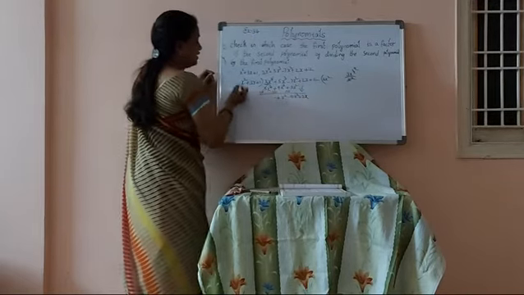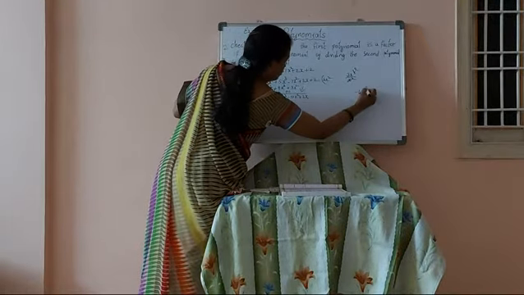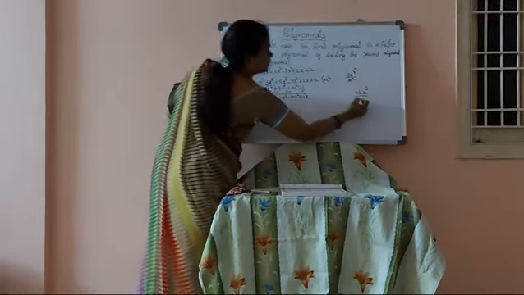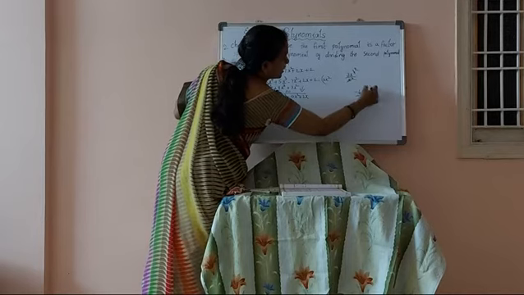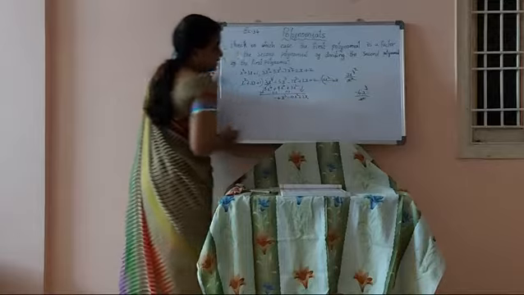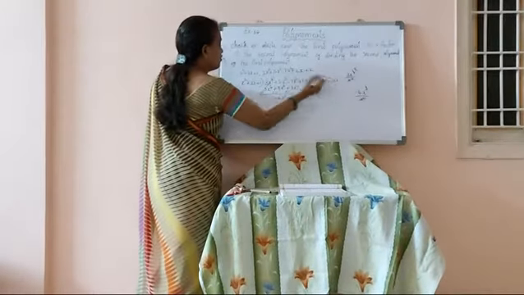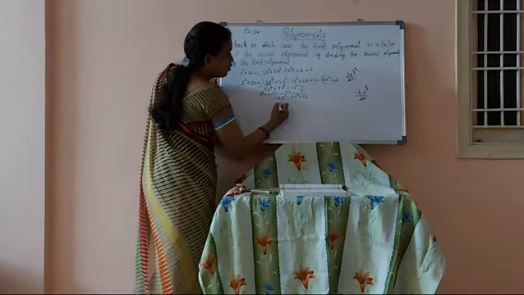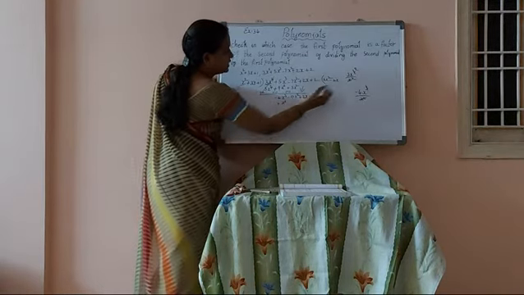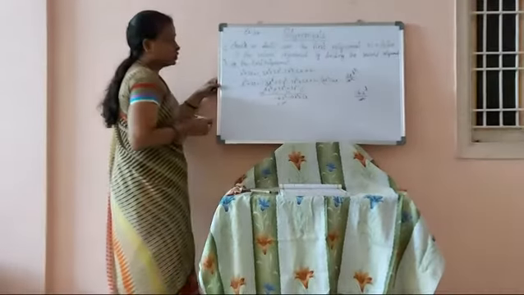Again first term, divide with the first term only. Minus 4x cube by x square. So x square cube gets cancelled, minus 4x. Minus 4x. Multiply each and every term with this 4x. 4 into x square, 4x cube. See here 1x, here x square, total x cube.